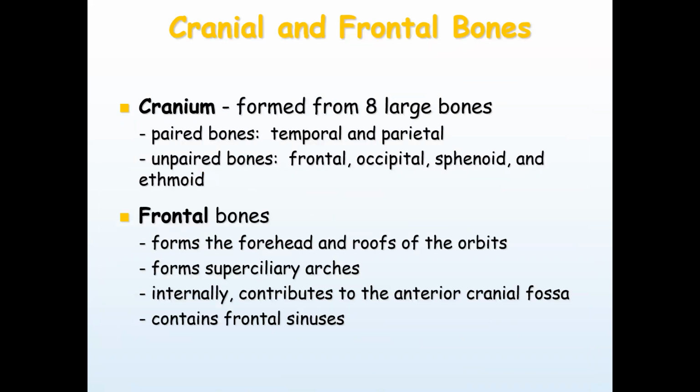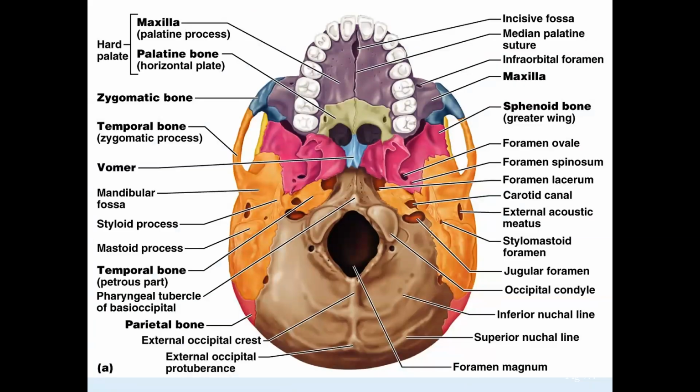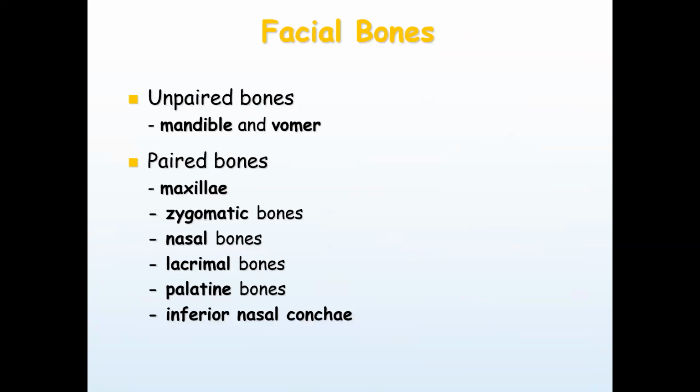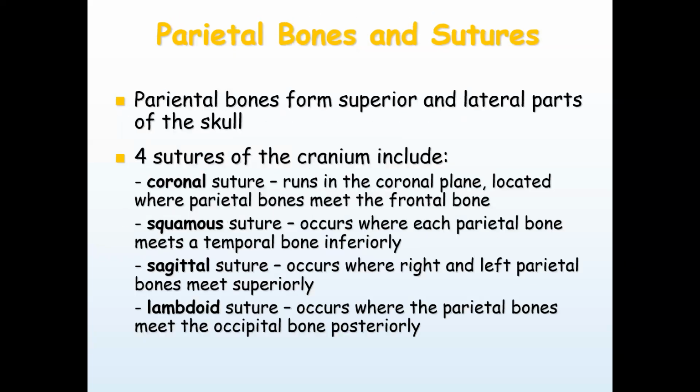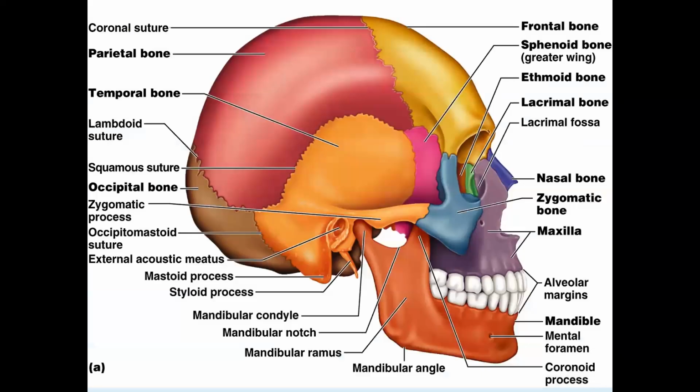Sir, since you said that the temporal and the parietal are on either side of the skull, and those are paired, I was asking, so the sutures that are going to form on the other side of the skull, will they carry the same name? Same name. Okay. But I will mention this.